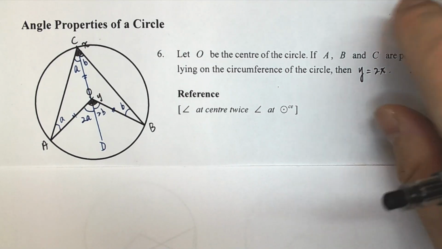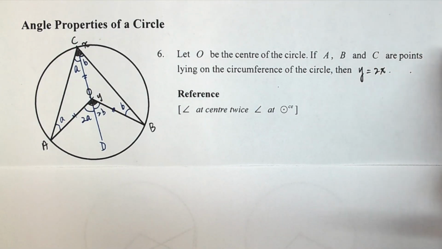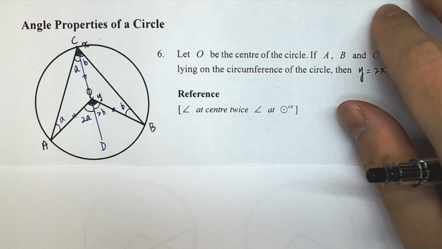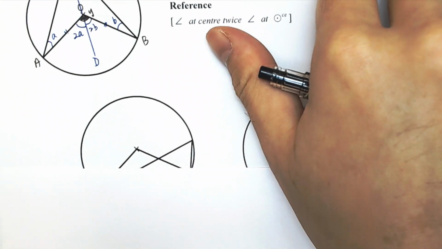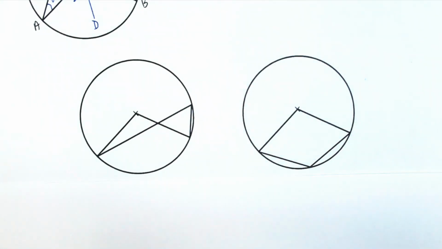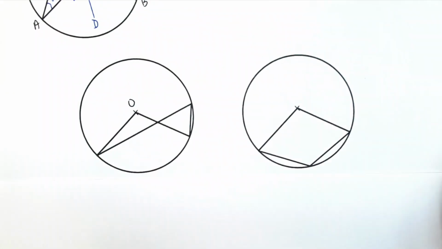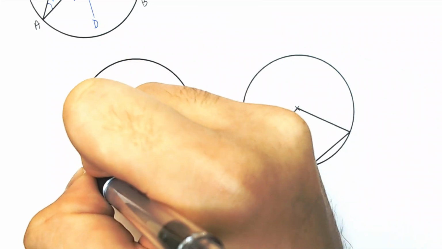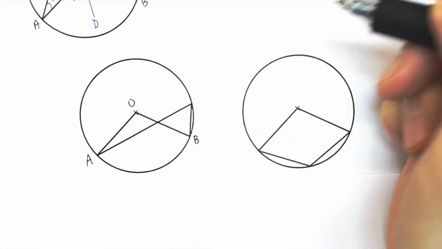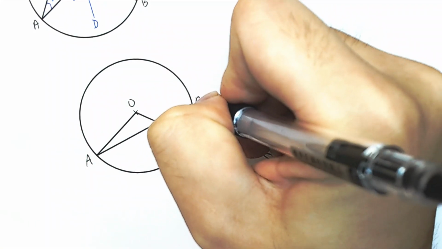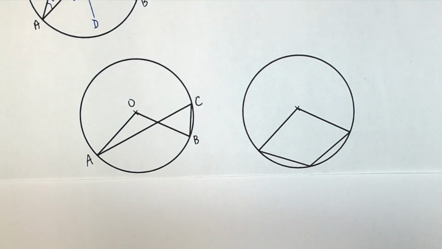And you may wonder if it's still true in different kinds of situations. Now let's take a look at the following situations. I still have the center O here. We have the two points A and B, and there's a point C lying on the circumference.